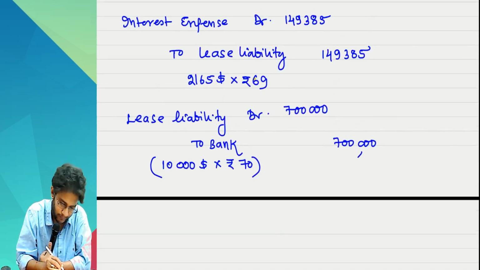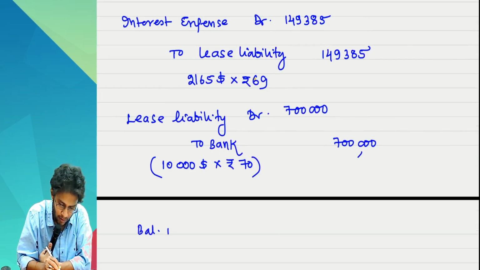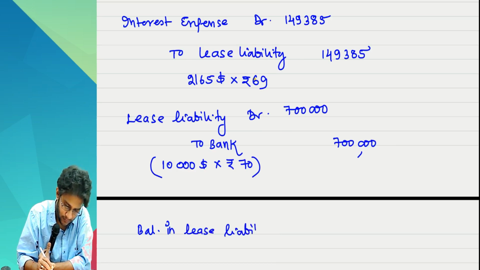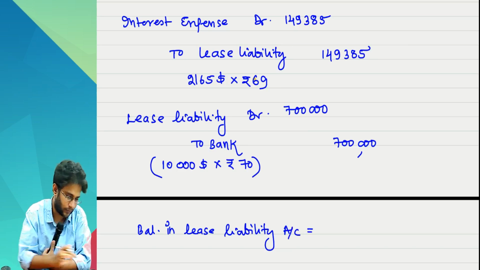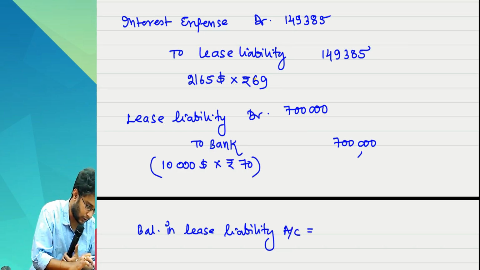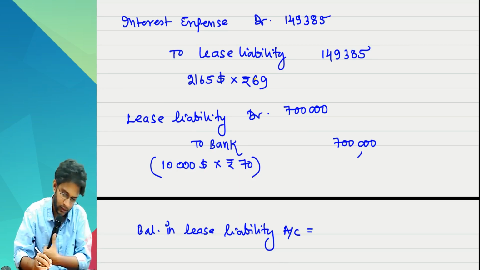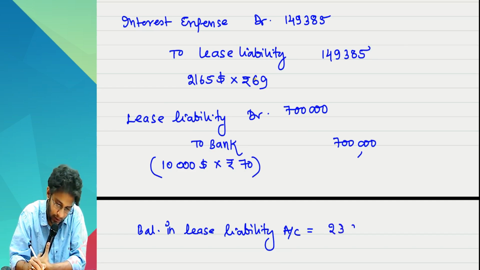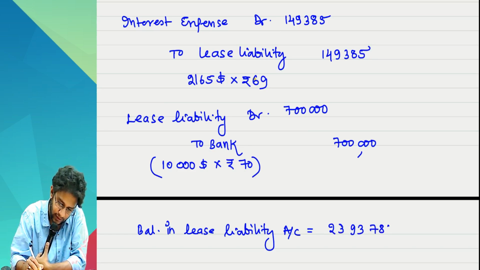At this stage, the balance in the lease liability account will be equal to 23,93,785 rupees.